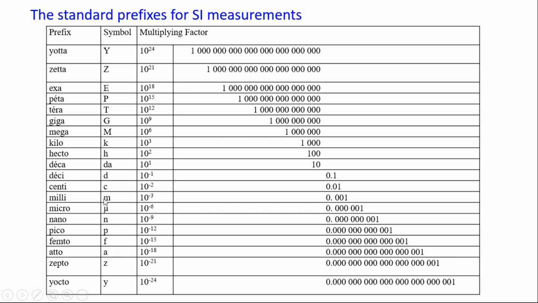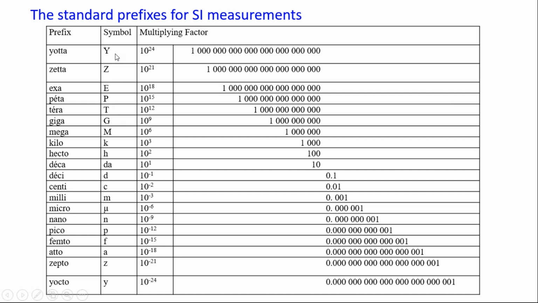You need to know that milli is 10 to the power of minus 3, micro is 10 to the power of minus 6, nano is 10 to the power of minus 9, pico is 10 to the power of minus 12. These smaller numbers are more important rather than the larger numbers.